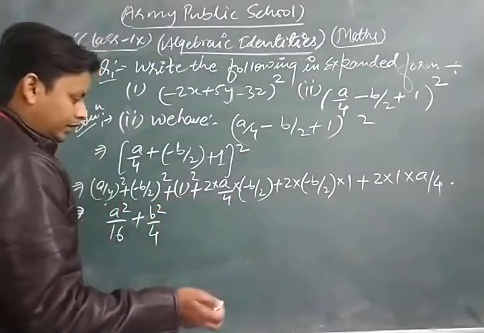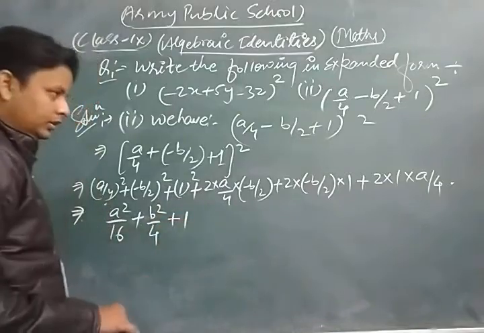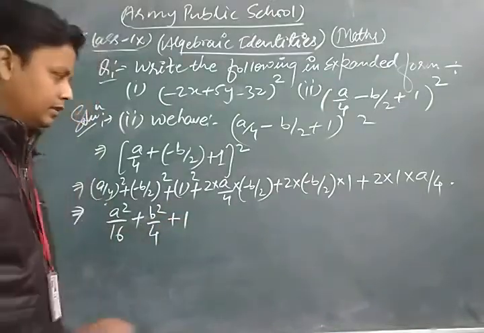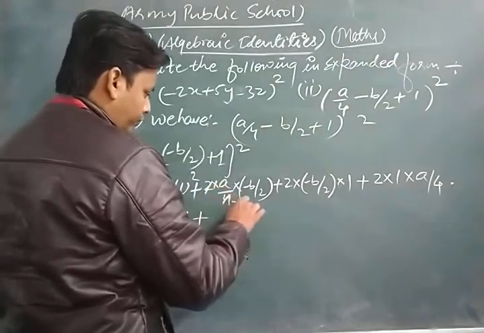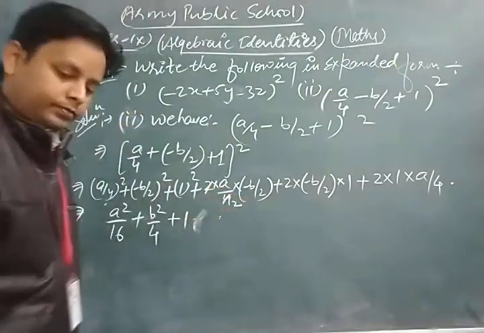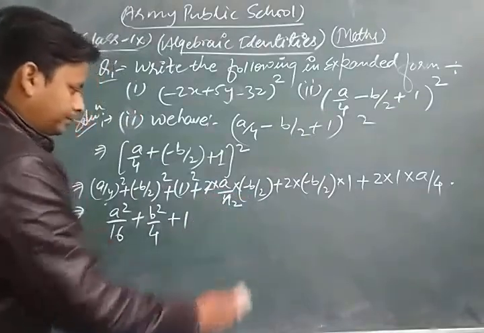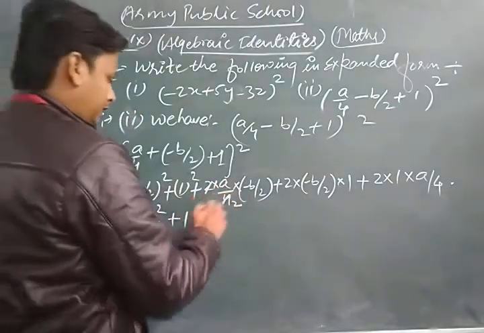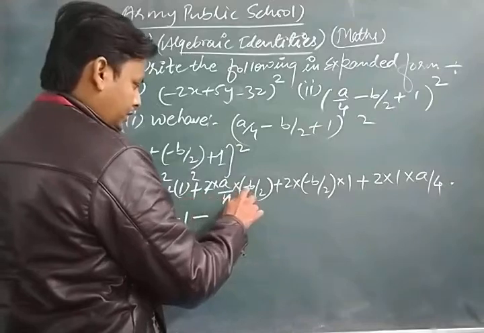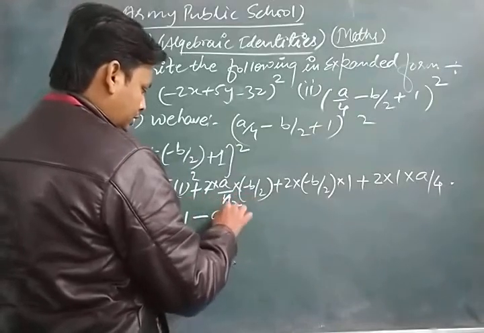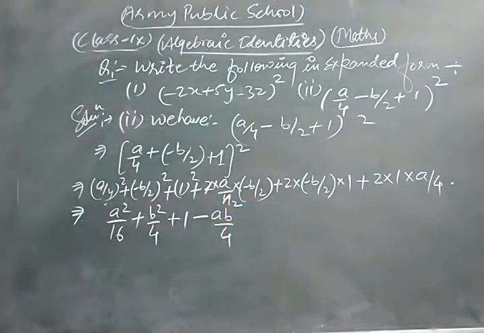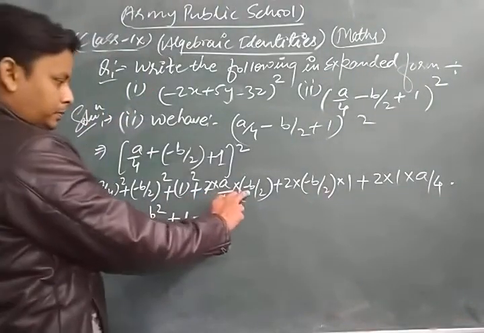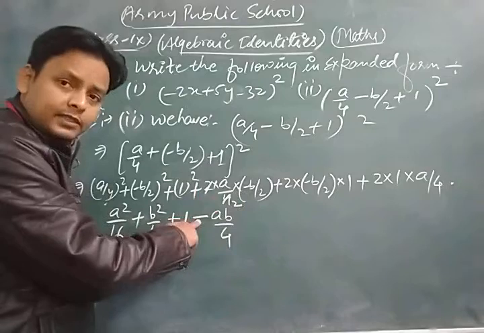The square of 1 is 1, as it is. Then 2 twos are 4, so it is minus ab upon 4, because plus minus is converted into minus.